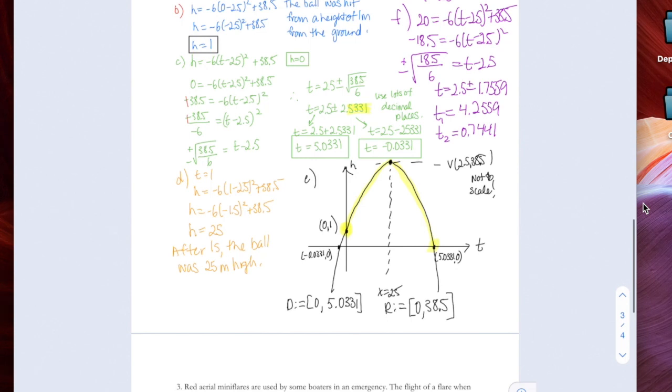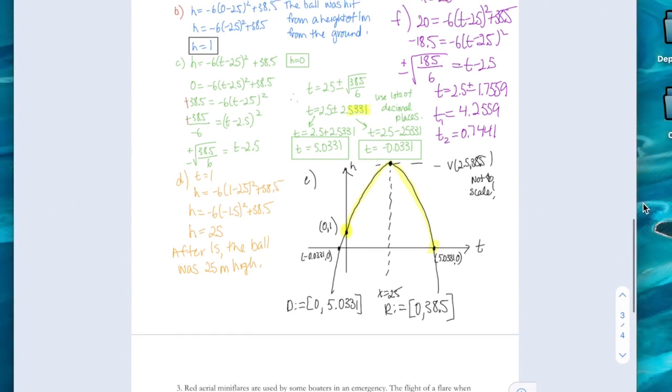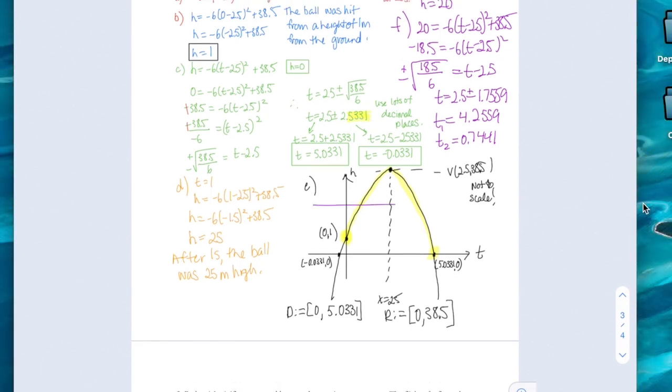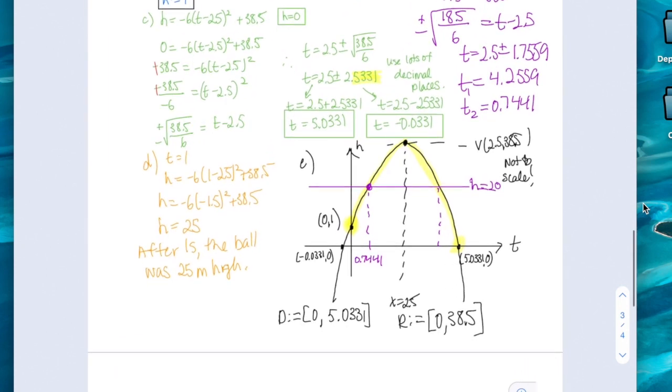So if we go back to our graph, we can see that this makes sense. If I just look at the line height equals 20, I can see that the 2 points where this is true are at 0.7441 in terms of time and 4.2559.